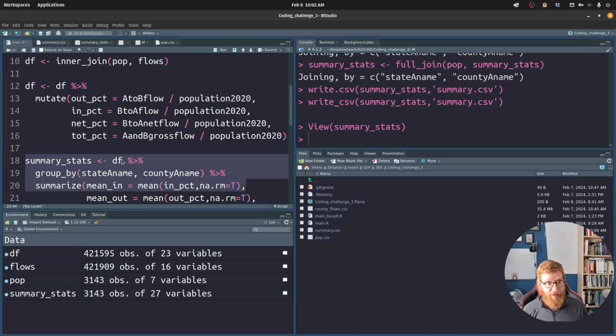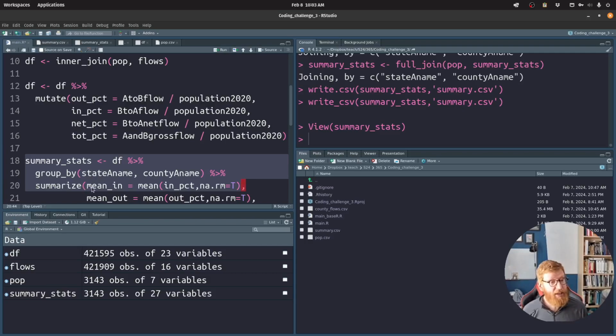We take our data frame that we just modified, we group by the geographical area that we care about, which is each unique county. Not counting Lincoln County once, but counting it as 23 different Lincoln counties because they are in 23 different states.